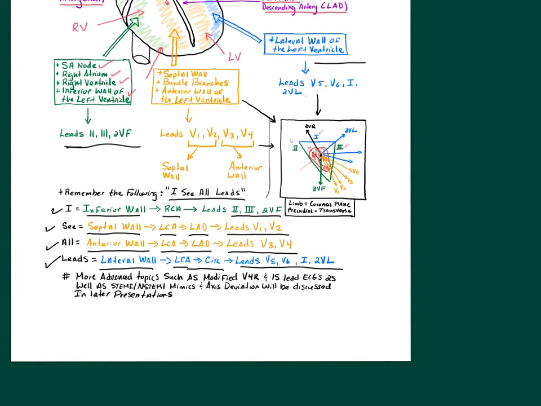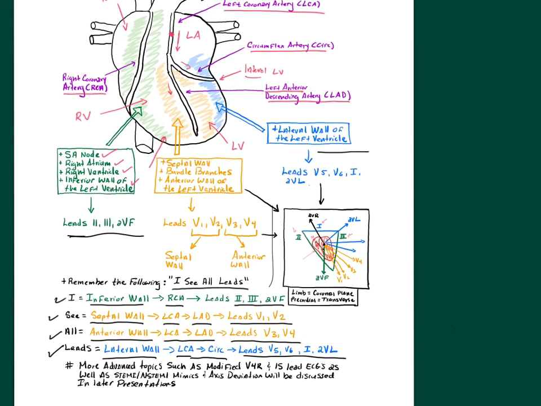So again, to review, let me bring this back down. 2, 3, AVF, inferior wall, right coronary artery, right atrium, right ventricle, inferior aspect of the left ventricle, sinoatrial node. You guys cool with that? All right. V1 through V4 are your septal anterior leads. That's primarily the LAD, left anterior descending artery.